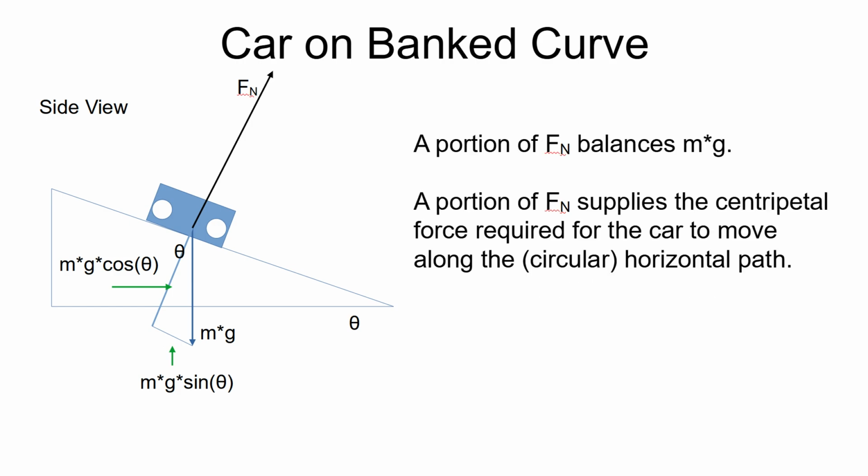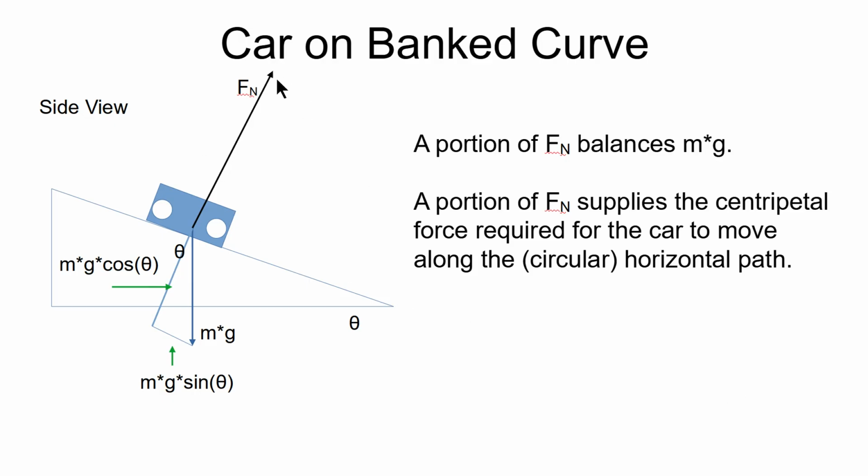There's a portion of the normal force that's used to balance the weight of the car. The car is not accelerating up away from the roadway. So we have a downward mg acting on the car. There must also be an upward force acting on the car so it doesn't pop up into the air, accelerate into the air. So the next diagram will have that.